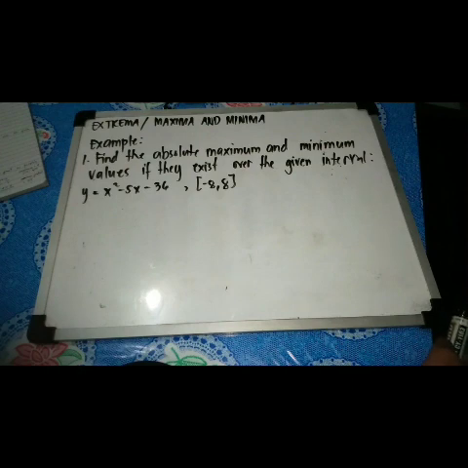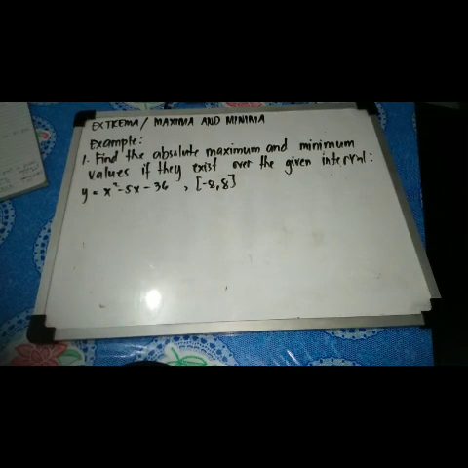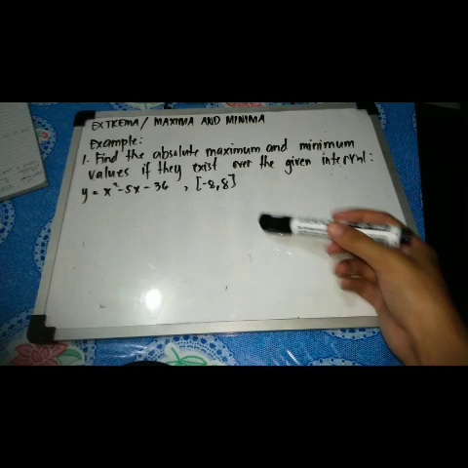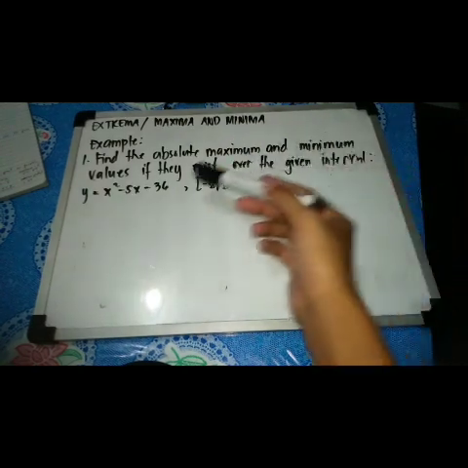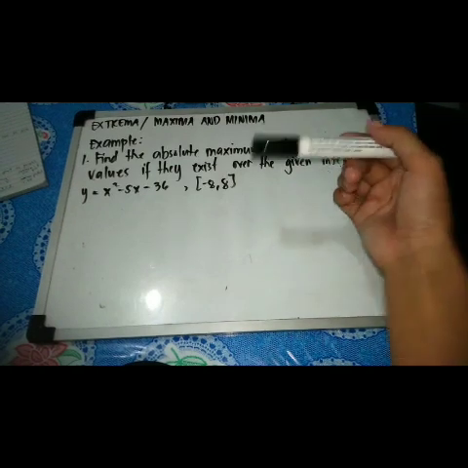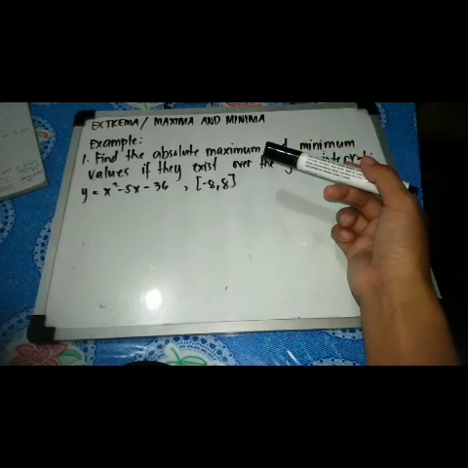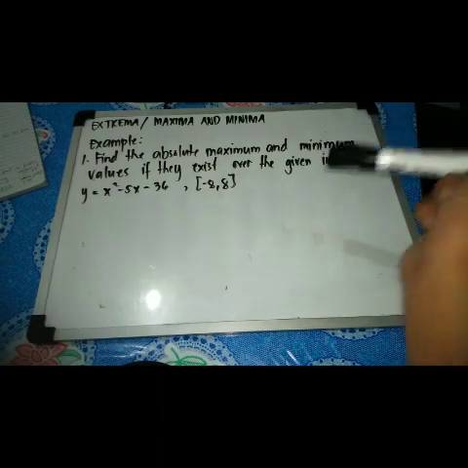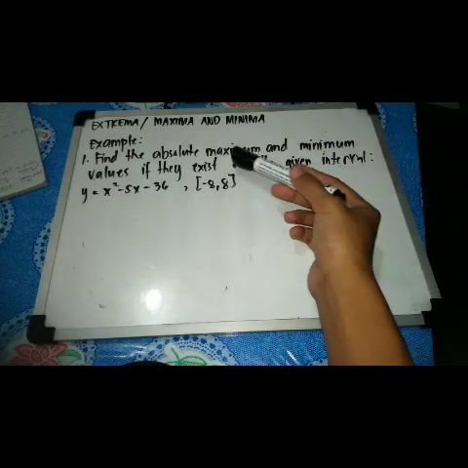And in this video, we will tackle the extrema, or the maxima and minima values. We have an example. Find the absolute maximum and minimum values, if they exist, over the given interval. When we say absolute maximum, it is the highest value.